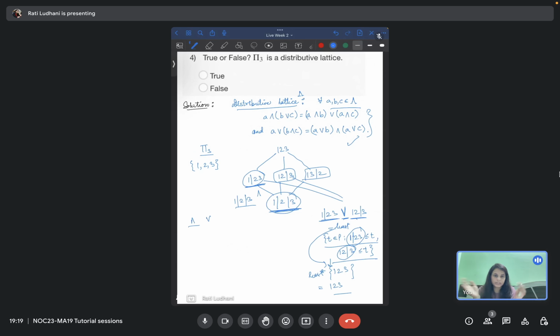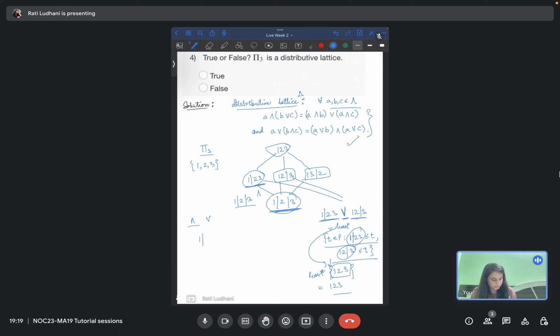If there is just one element, then it is going to be the least. In some questions there will be many elements which you cannot compare, and that's why the join will not exist. That possibility will come. But in this situation 1 2 3 will work.